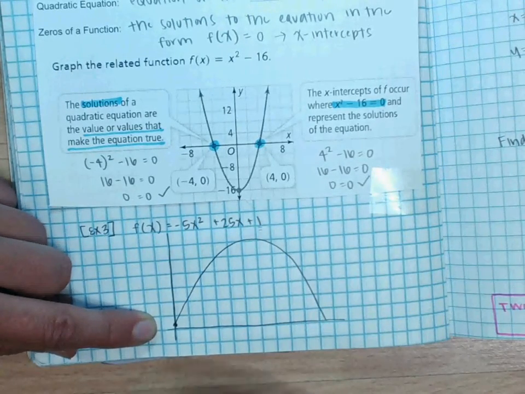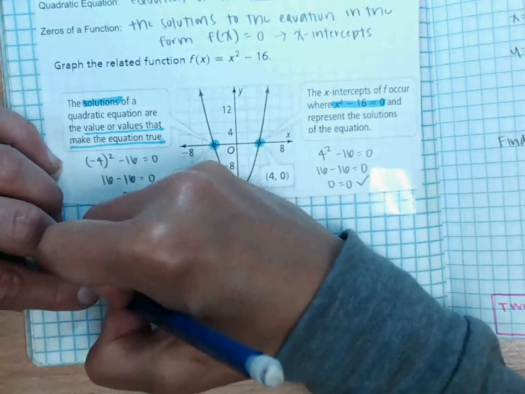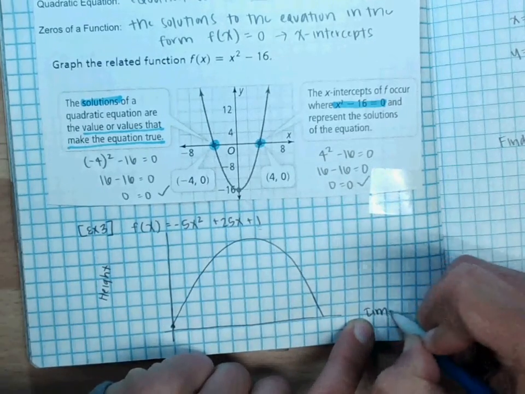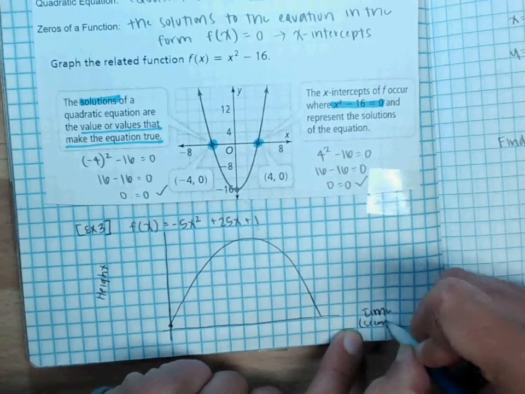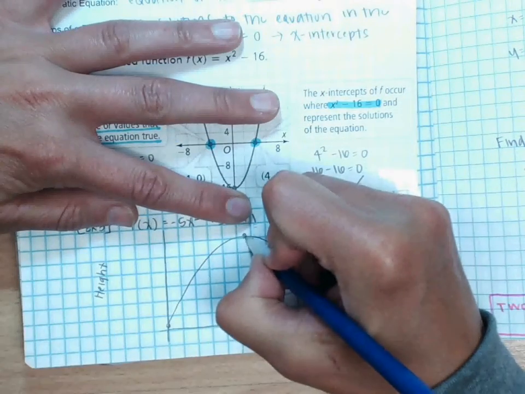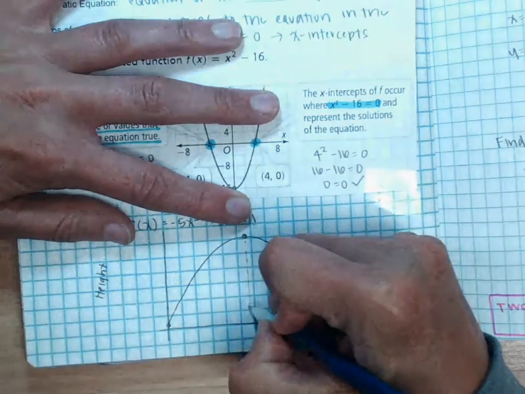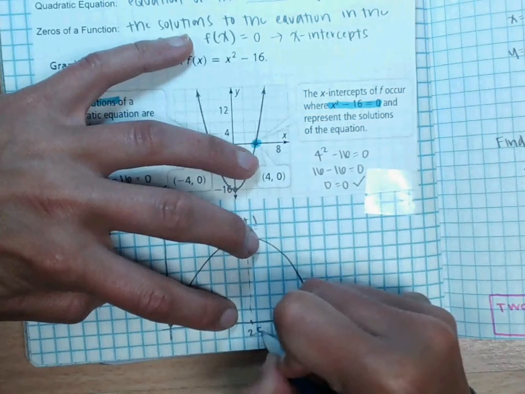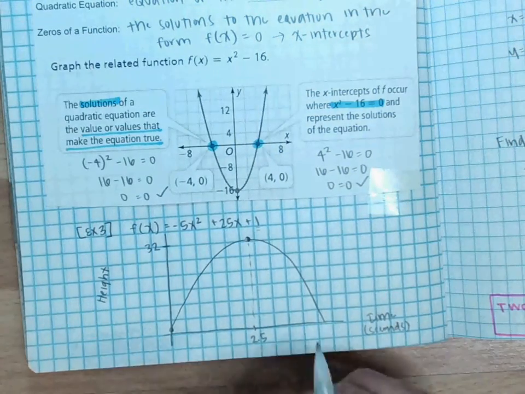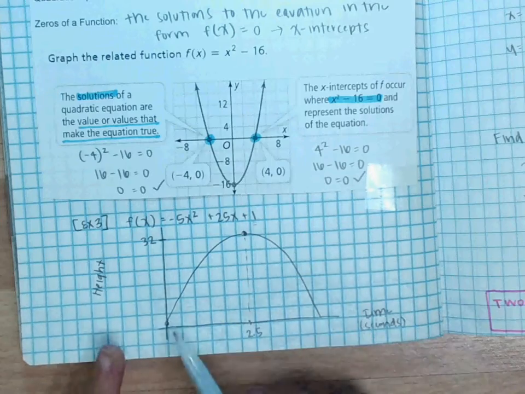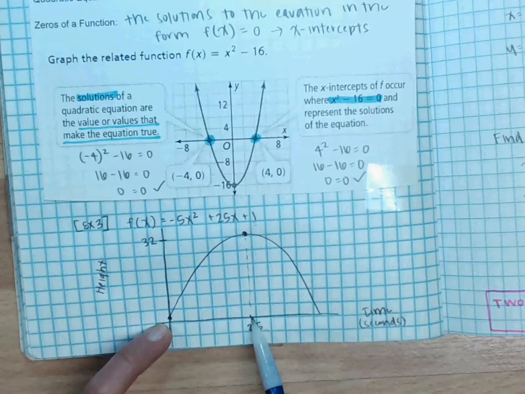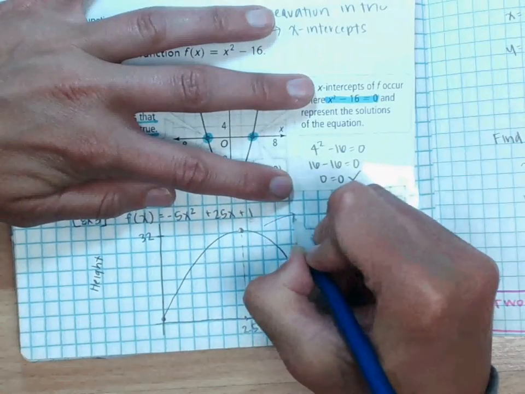And what you see, this is the height, and this is the time in seconds. Okay, as you're scrolling on Desmos, you see this ordered pair here is 2.5 and 32 abouts. Okay, so it takes from 0 to 2.5 seconds to reach the maximum height.